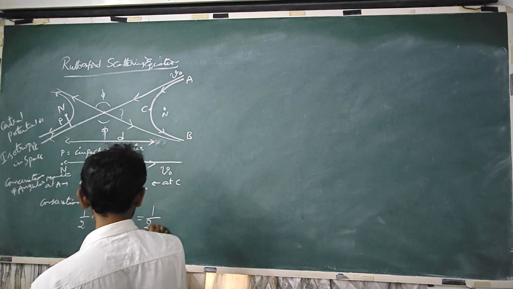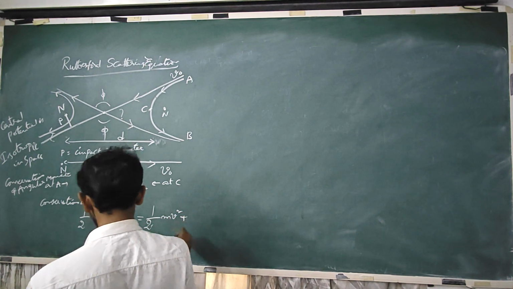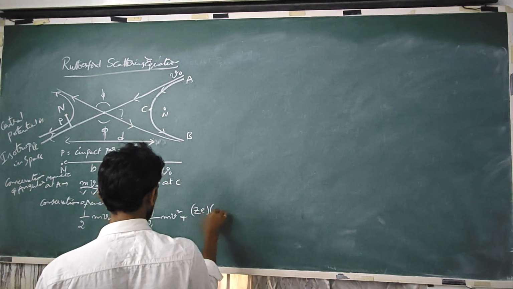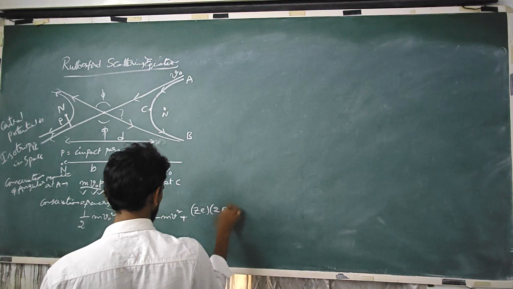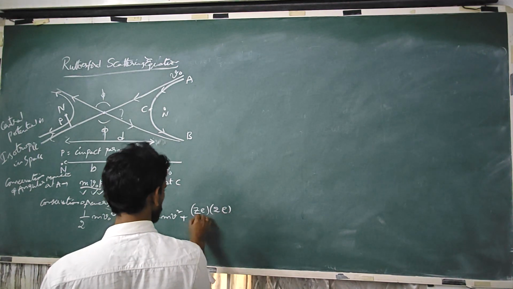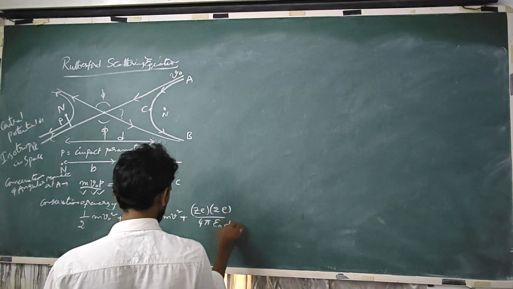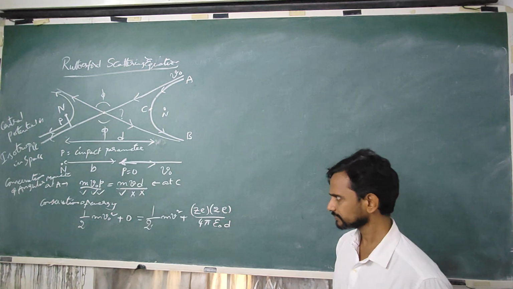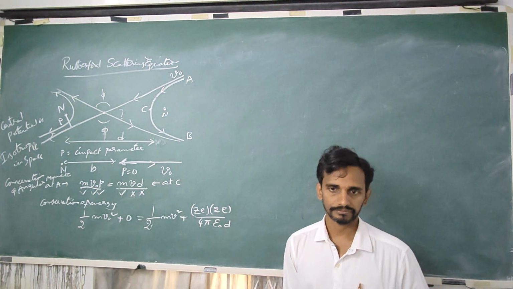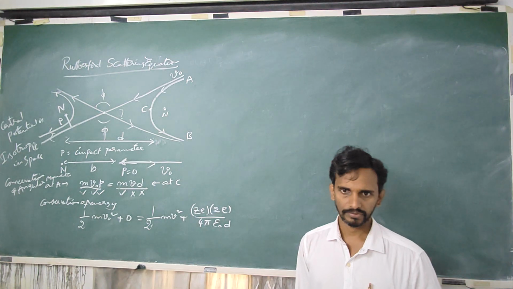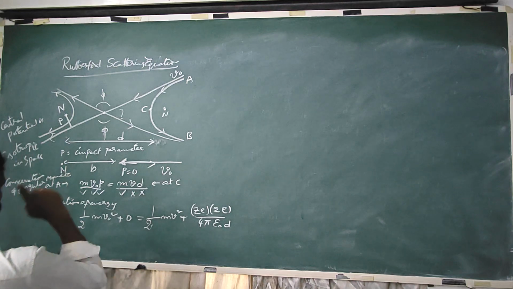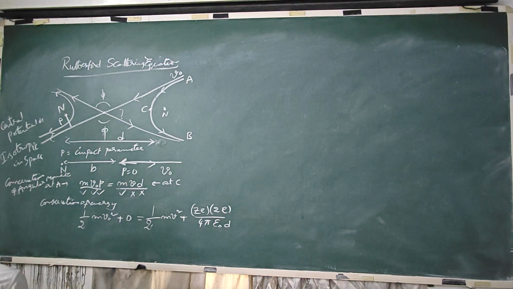On the other side we have half m v squared plus, since this is an alpha particle, Ze times 2e by 4 pi epsilon naught d. That is the potential energy at point C. So these are the two equations from case 1, and from case 2 we have to go for conservation of energy again.